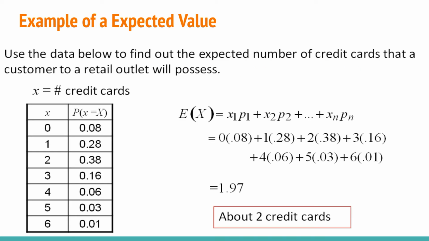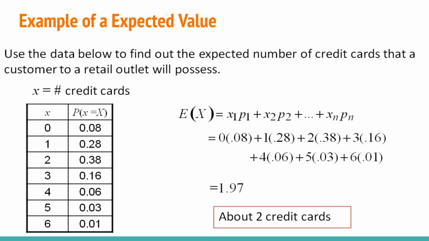Now look at an example of the expected value. We have the data given below. We have the expected number of credit cards that a customer to a retail outlet will possess, and x is the random variable which determines the number of credit cards a customer can possess.